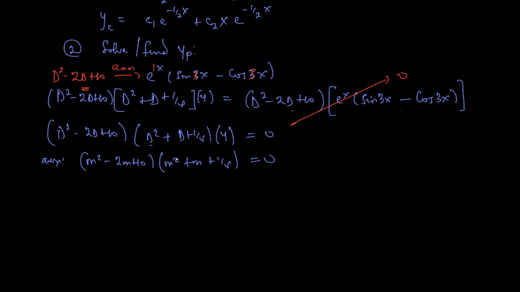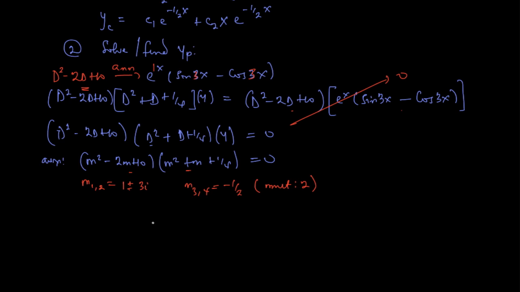We've already done this earlier on, and solving this is like a piece of cake. On solving this, we have m1, m2 to be 1 plus or minus 3i, and for the other side we have m3, m4 to be minus half. This one here has a multiplicity of 2.